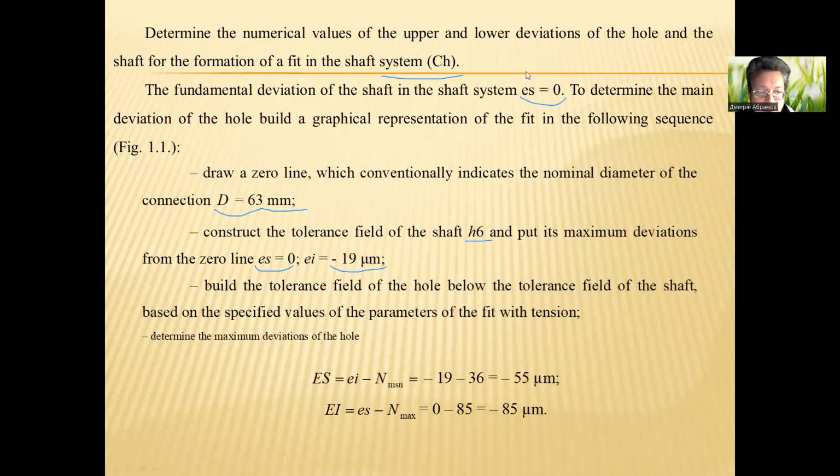Build the tolerance field of the hole below the tolerance field of the shaft, based on the specified values of the parameters of the fit with interference. Determine the maximum deviations of the hole. The upper limit deviation of the hole is equal to the lower limit deviation of the shaft minus the minimum interference.